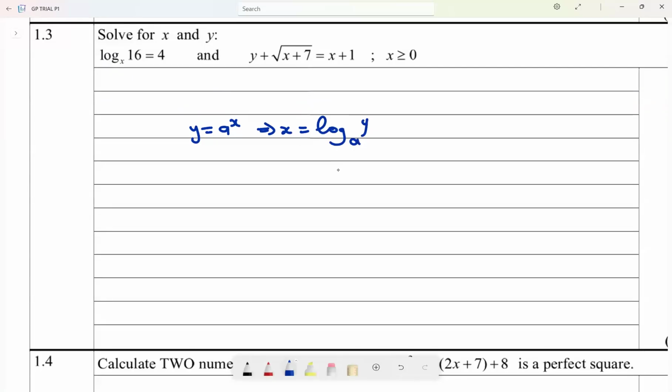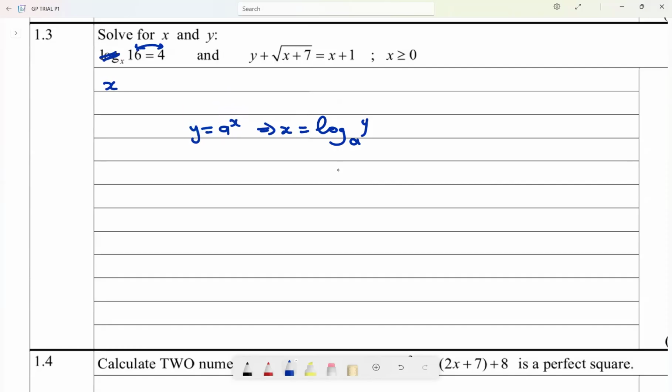So similarly here, when I want to solve for x, when I need to remove this log, this and this will just swap the position. Every time when you introduce log, these two swap positions. When you drop log, they also swap positions.